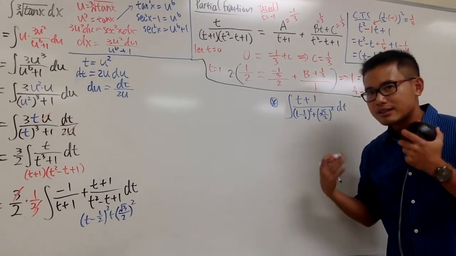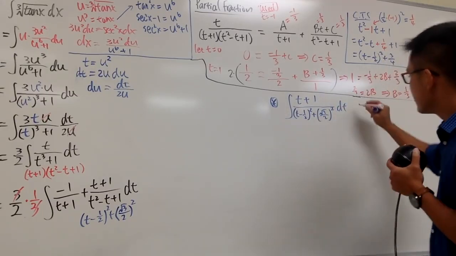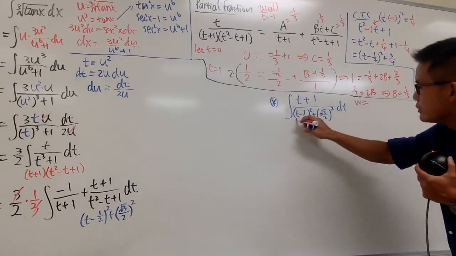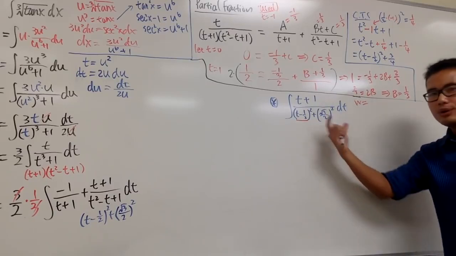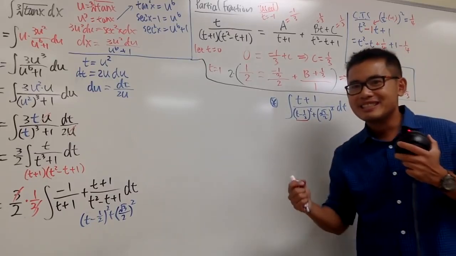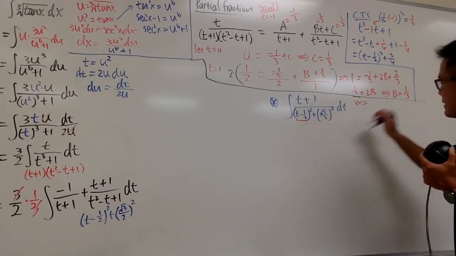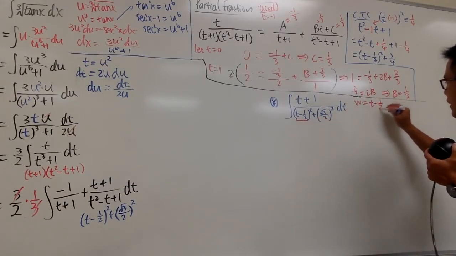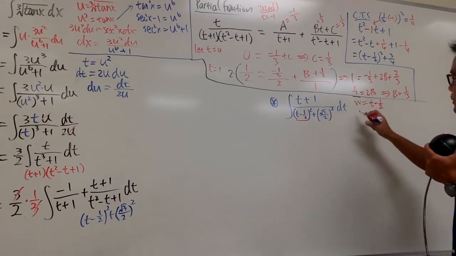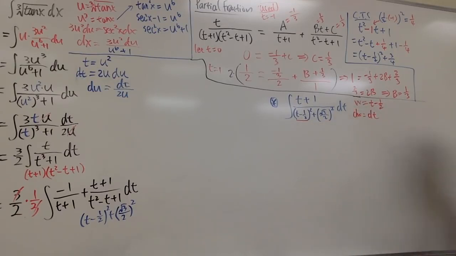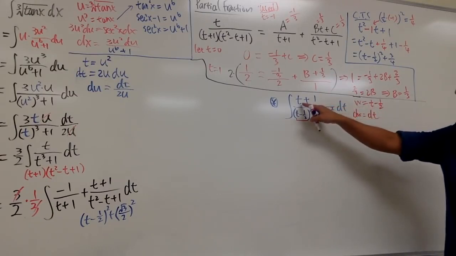Now we have to do another substitution. I'm going to let w equal to this right here, because you are going to use the inverse tangent, the arctangent. So I'm going to let w equal to the inside, which is t minus 1/2. And the good thing is that dw and dt are the same after you differentiate both sides. So that's nice. And look, on the top I have t plus 1.